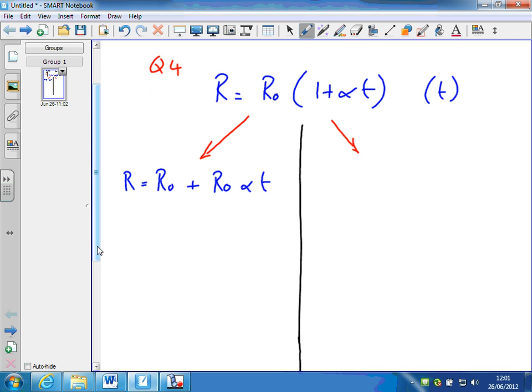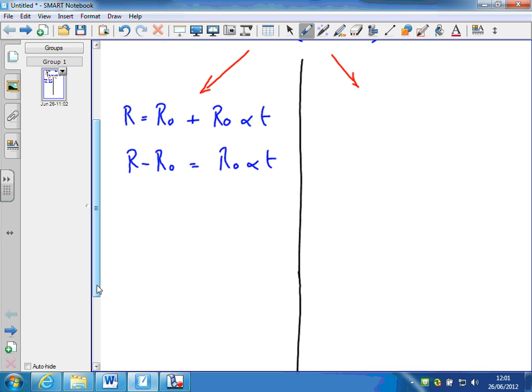Well, I would subtract R0 from both sides, so I'd have R minus R0 equals R0 alpha t. And then finally, t on the right hand side has been multiplied by alpha and R0, so divide by alpha R0. So in other words, R minus R0 all over R0 alpha equals t.